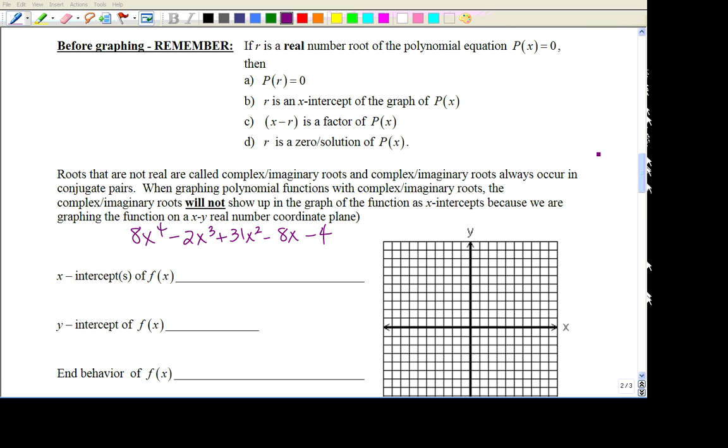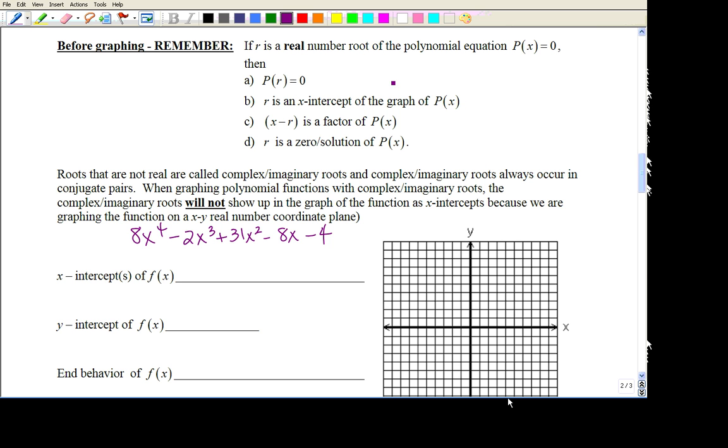Okay, so now that we know all of our roots and we're wanting to sketch a graph of this polynomial, let's remember a couple of things first. If r is a real number root of the polynomial equation p of x equal to 0, then that means a few things. If we plug that root into our function, it will give us a value of 0. It's also an x-intercept on the graph of p of x.